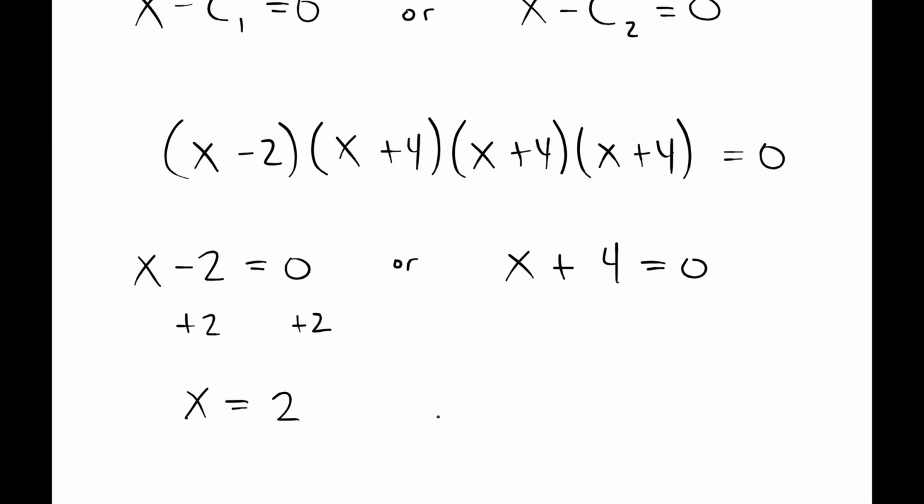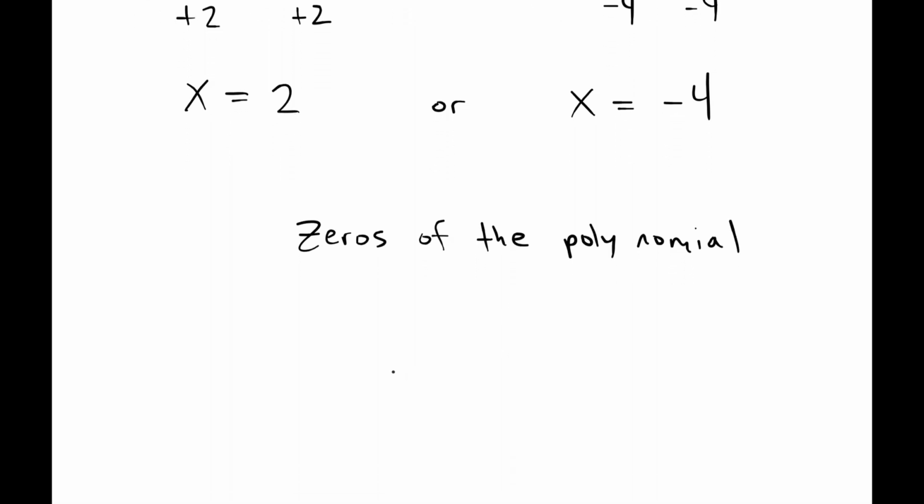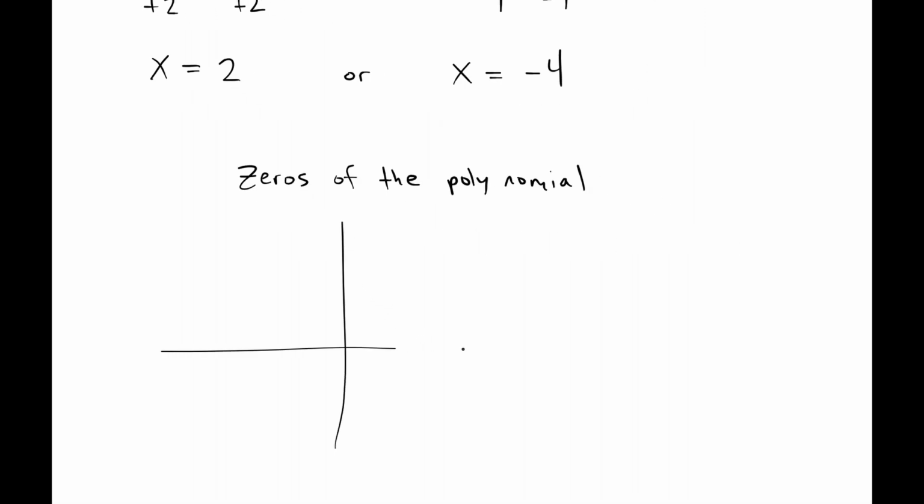So either x is 2 or x is negative 4. These are called the zeros or the roots of the polynomial, and they're going to be places where we have intercepts for this polynomial at 2 and negative 4.